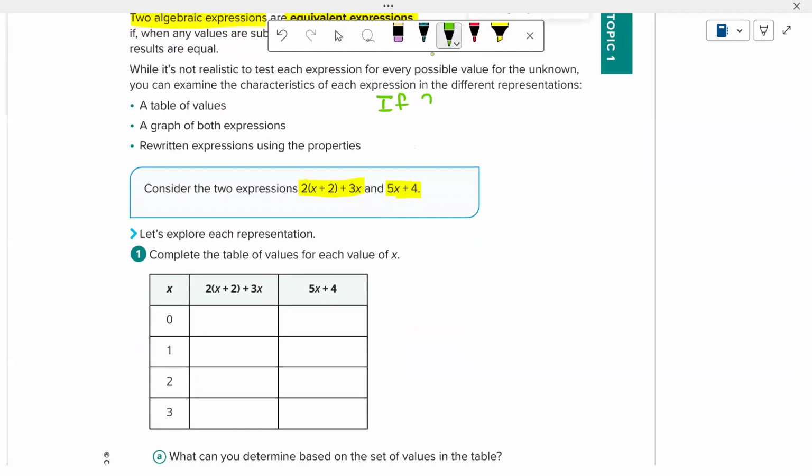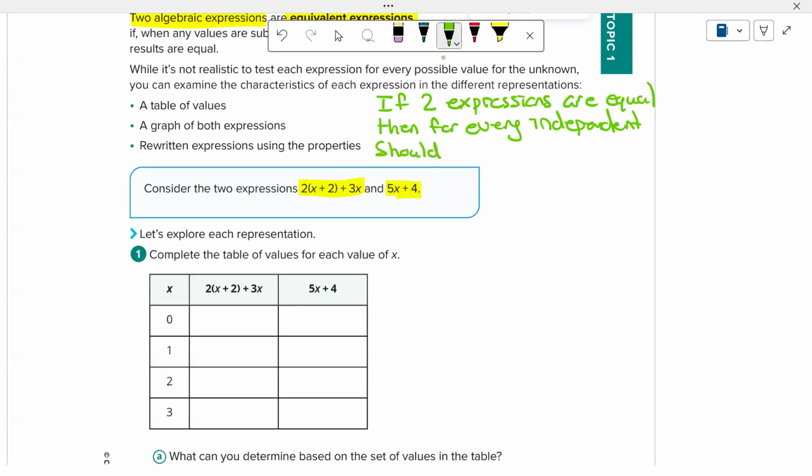So if two expressions are equal, then for every independent variable, you should match with a corresponding equivalent output, the dependent variable.